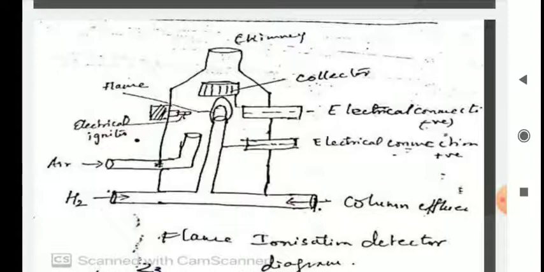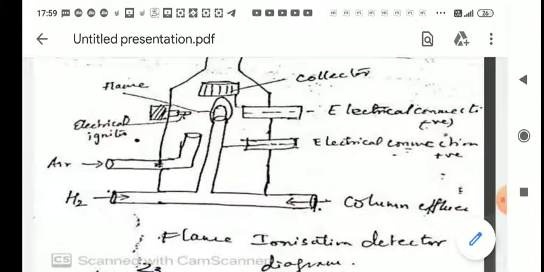Hydrogen and air will combine to form a flame, and the column effluent will come in and get ionized, and ions are produced.